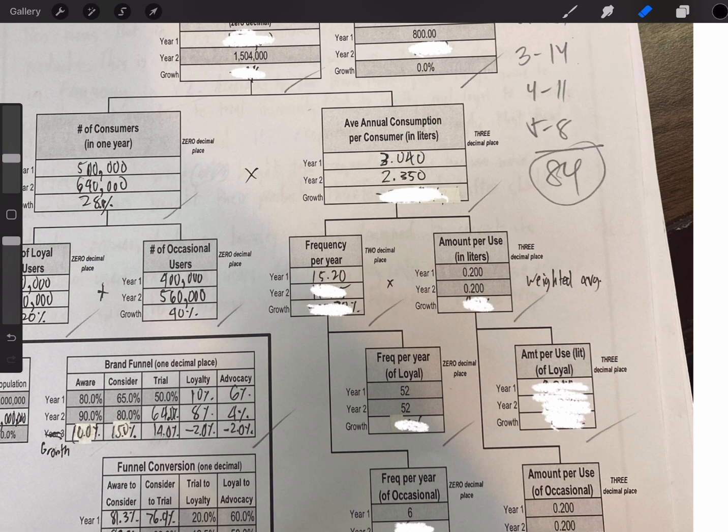Now we need to find the frequency per year for year 2, and we do that by dividing the average annual consumption per consumer by the amount per use, which gives us about 11.75. If you want to double check, 11.75 times 0.200 should give you 2.350. And now you can solve for the growth, negative 22.